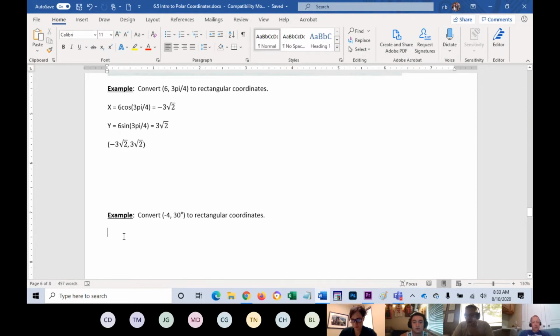So how would you do that? So you would do x equals negative 4 cosine 30. And that would give us our x value. And then y is the same thing, negative 4 sine 30. Okay. And the cosine of 30 degrees is? Square root of 3 over 2.